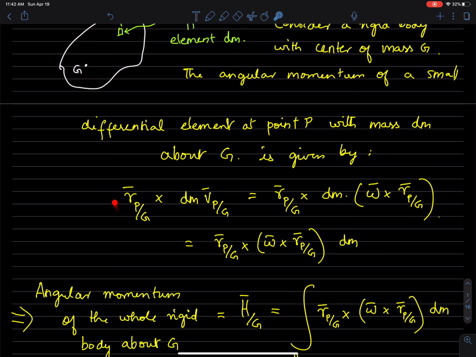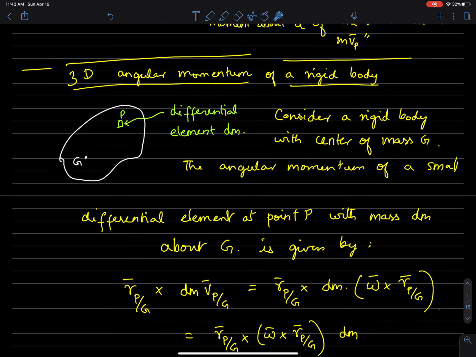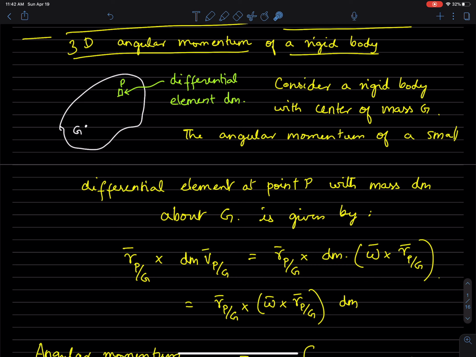So it's exactly the same expression, Rp with respect to G cross dm Vp with respect to G. And that's because we are now writing the angular momentum about point G. So we are writing Vp with respect to G here.